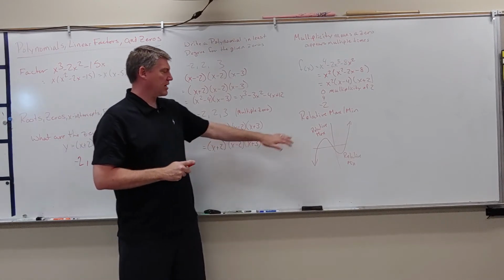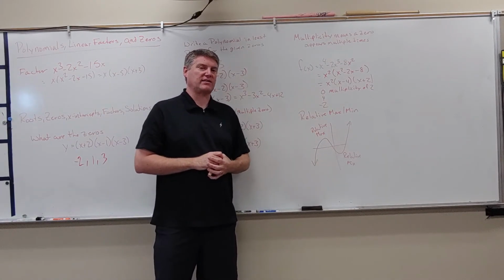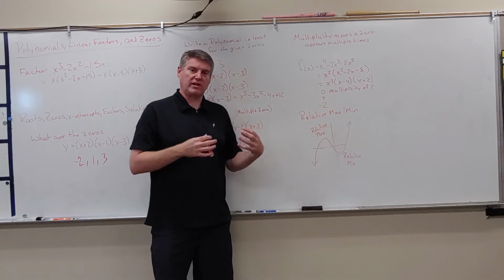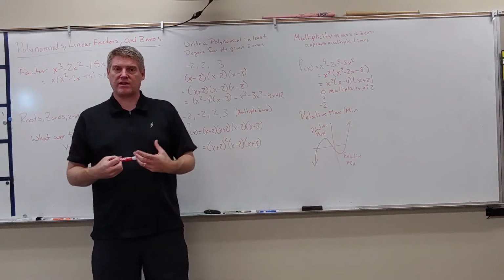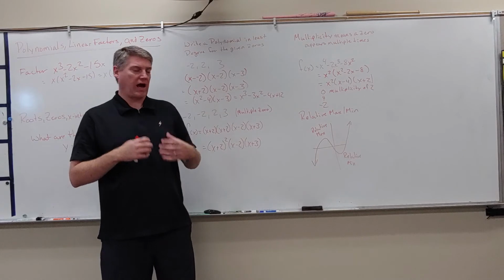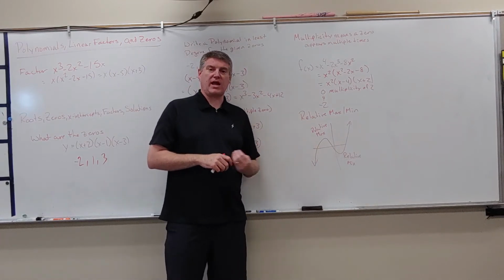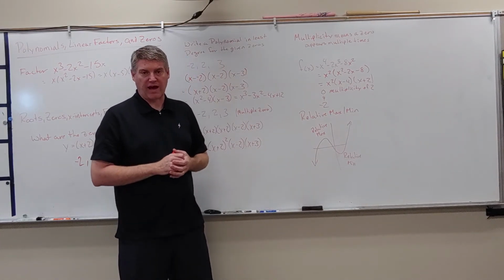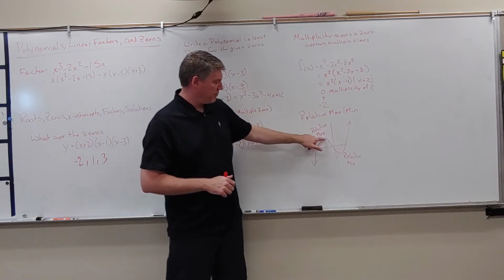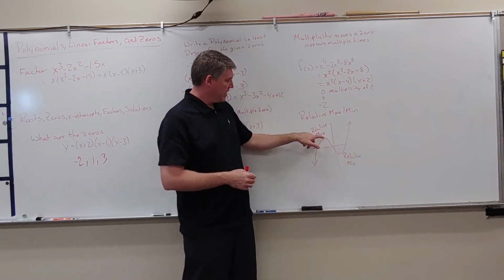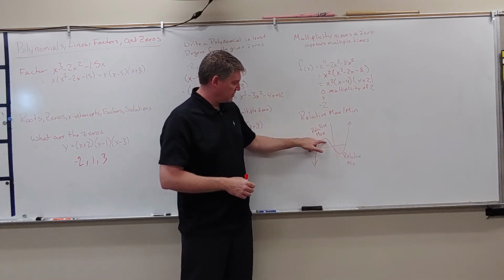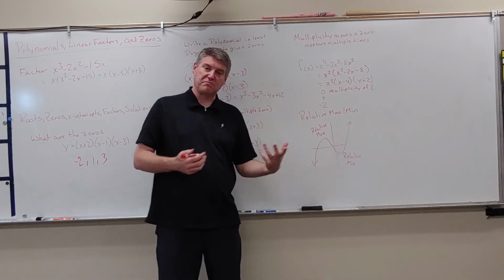The last thing we're going to talk about is relative max or min. Relative maxes and mins are just the high and low points in this graph. It may not be the absolute highest value, but it's at our peaks and valleys. So this is our relative max, and this is our relative min.